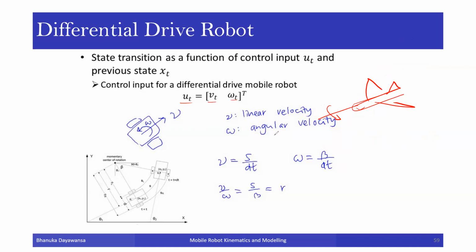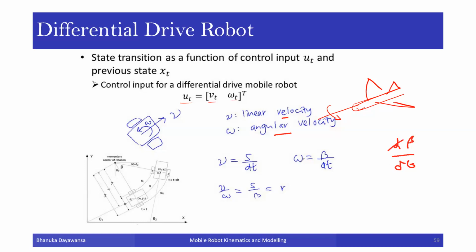So from this we can get the angular velocity. It's simply d over dt of beta. The change itself is beta, and we divide it by time.